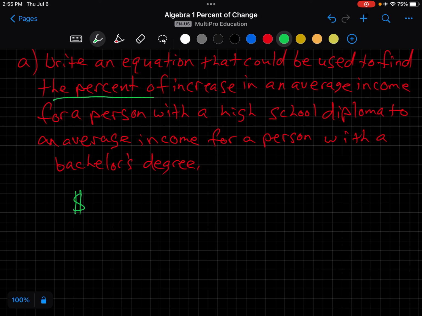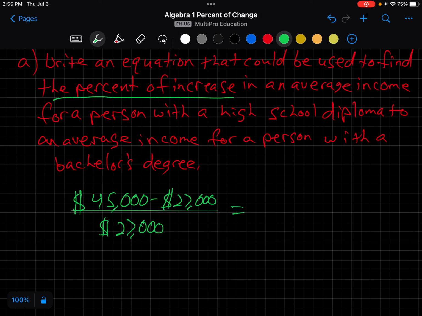We're looking to find the percent of increase. So if we take 45,000 minus 27,000 over the original 27,000 equal to R over 100. There we go. That's the equation.